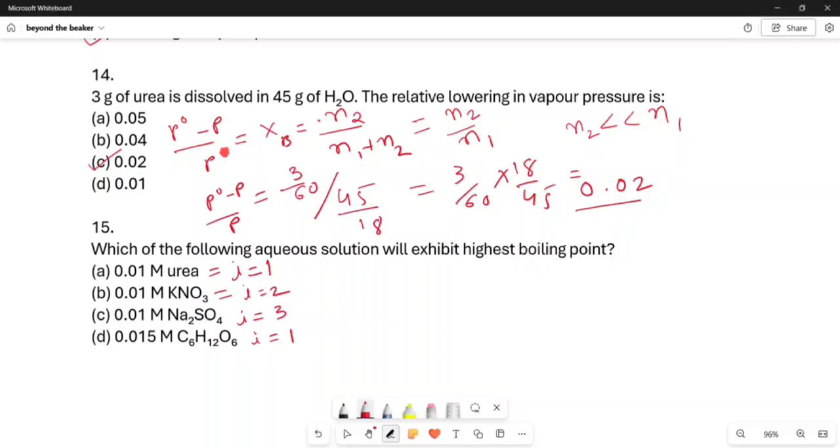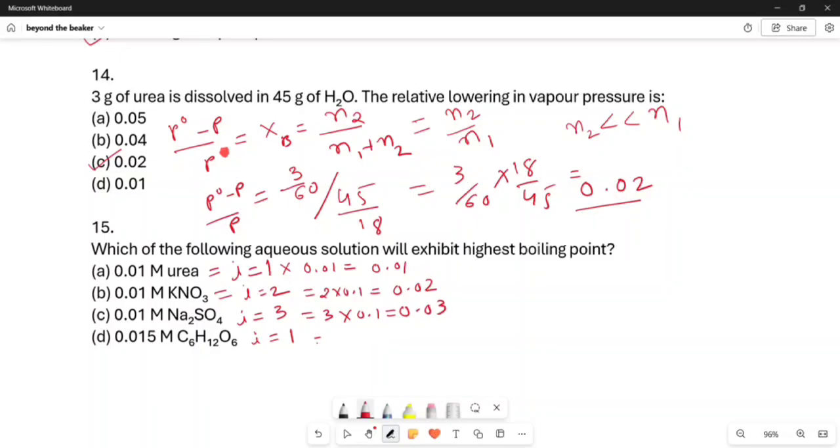This Van't Hoff factor i is multiplied by the molarity 0.01, you can get 0.01 only. Here 2 into 0.01, you can get 0.02. Here 3 into 0.01, you can get 0.03.